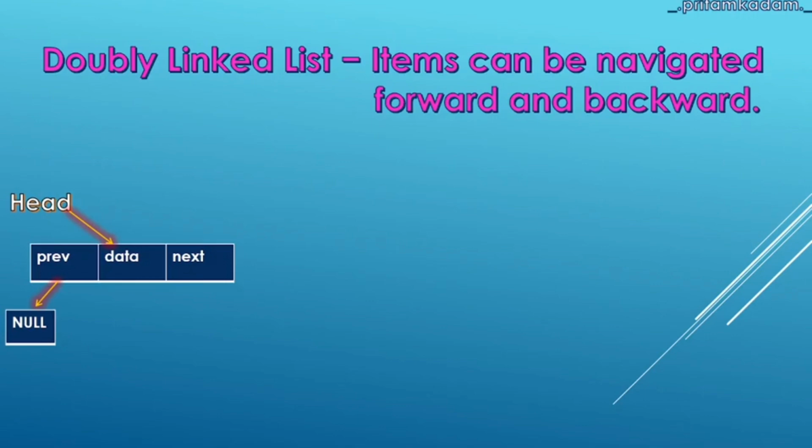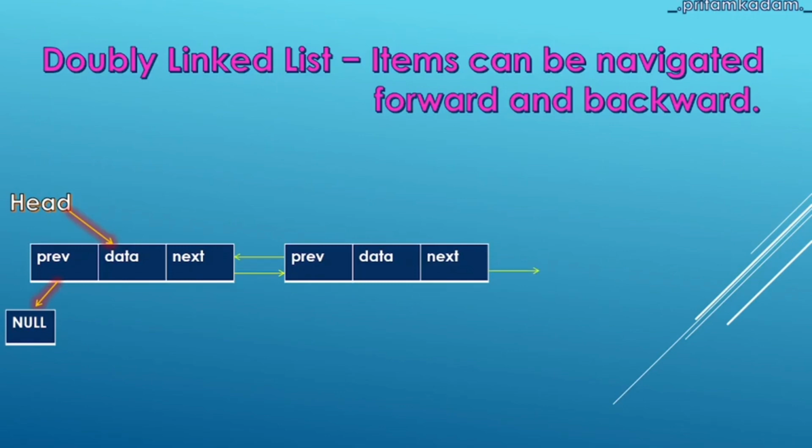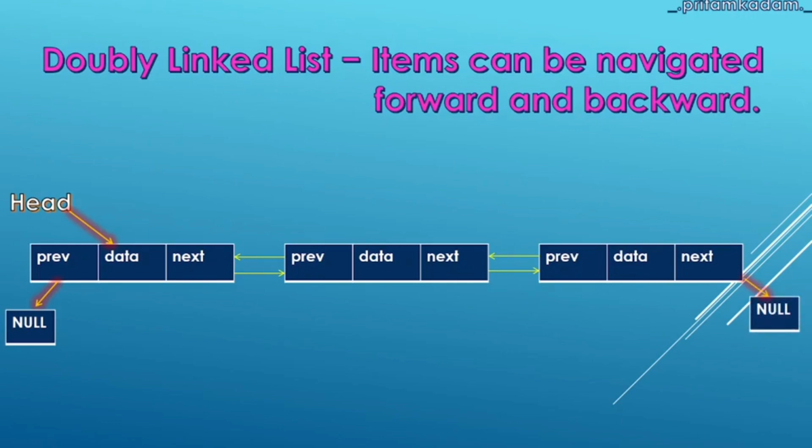As this is the first element and there is no element previous to this one, so there is null. This will be pointing to the next one. Now the second linked list's previous will be pointing to the first, and the next will be pointing to the third one. Okay, now the third's previous will be pointing to the second one, and the next will be pointing to the null part. Got it?